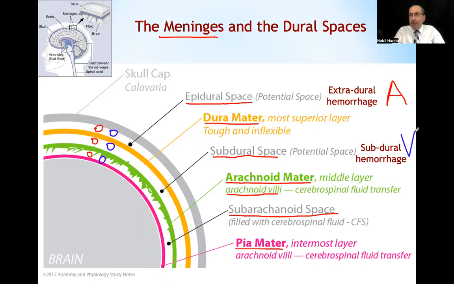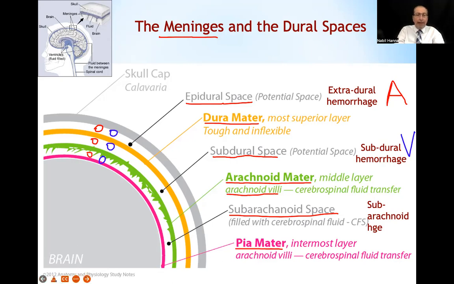If you have vascular injury in the subarachnoid space and blood accumulates in the subarachnoid space, we call this subarachnoid hemorrhage. So what is the major source of bleeding in subarachnoid hemorrhage? Is it arterial bleeding or venous bleeding?